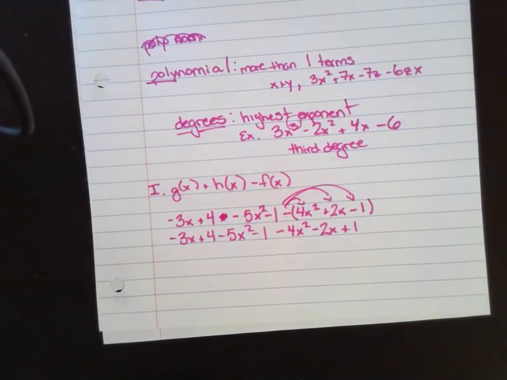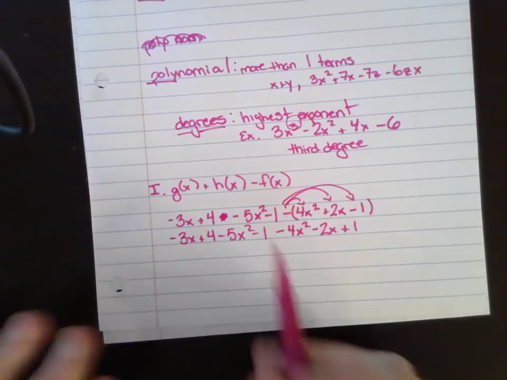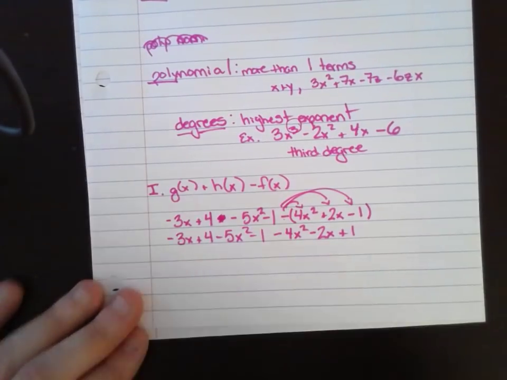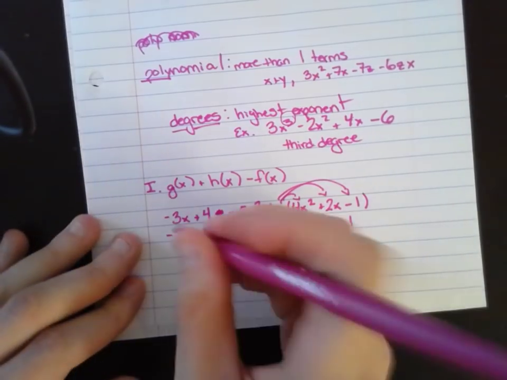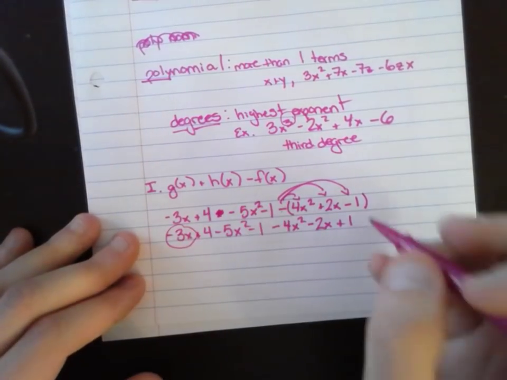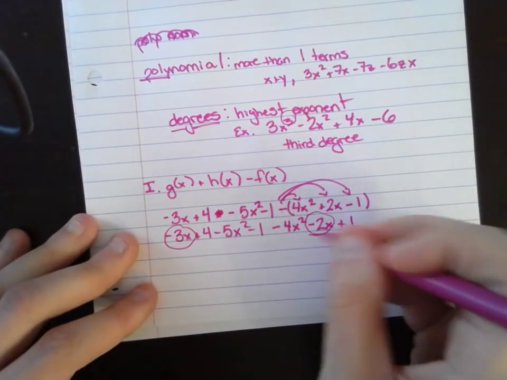And now all this is going to be a combining like terms fiesta. Basically, you want to find every like term there is and combine it. That's all this is. Alright, the hard part about this section, if there is a hard part, is making sure you substitute them correctly. Other than that, this goes back to Math 7, just combining like terms. So I have a negative 3x, I have a negative 2x.